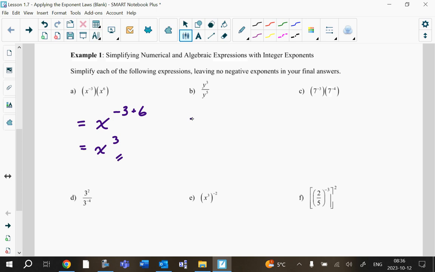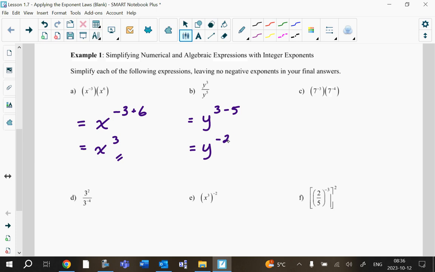What am I doing with these powers in B? Dividing them, which means the base stays the same, and I do what to the exponents? So it's going to be y to the 3 minus 5. And what is 3 subtract 5? Okay, so I can't leave my final answer like that because it has a negative exponent. How do we change it to positive?